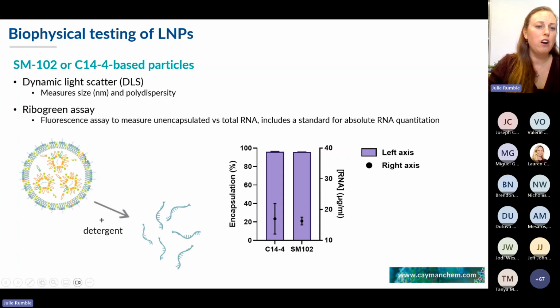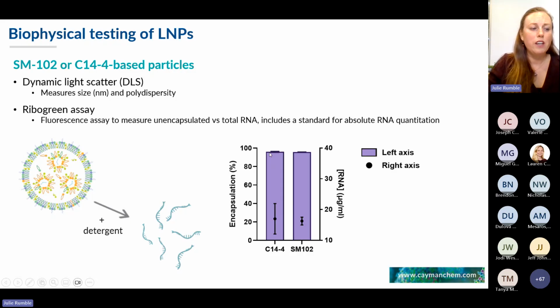Comparison of the free RNA with intact particles with the total RNA can provide the percent encapsulation, which is shown here on the left axis of the graph and in the bars. Both LNPs had very high encapsulation in the range of 95%.